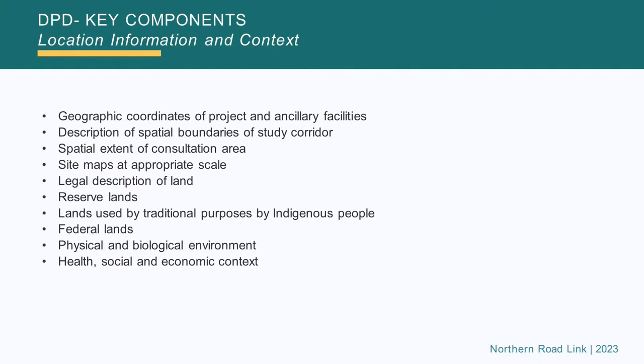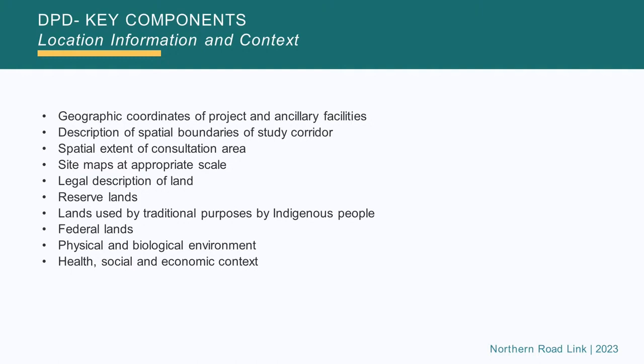So, for example, Indigenous communities, where are these located? The ones that are to be consulted with as part of the work. Where are they located relative to the project? Site maps at a scale that allows detail to be revealed.